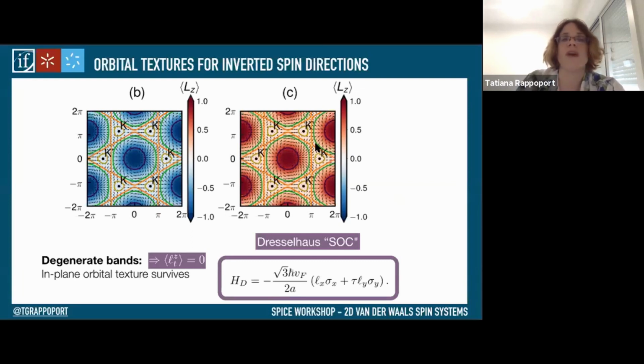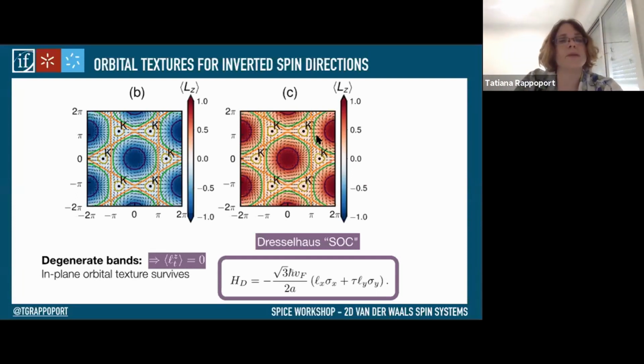So this one survives and is the one responsible for the orbital Hall effect. We can also write a low energy Hamiltonian for this system. And if we do so, close to K and K prime, we see that a Dresselhaus-like Hamiltonian can describe these orbital textures quite well around K and K prime.